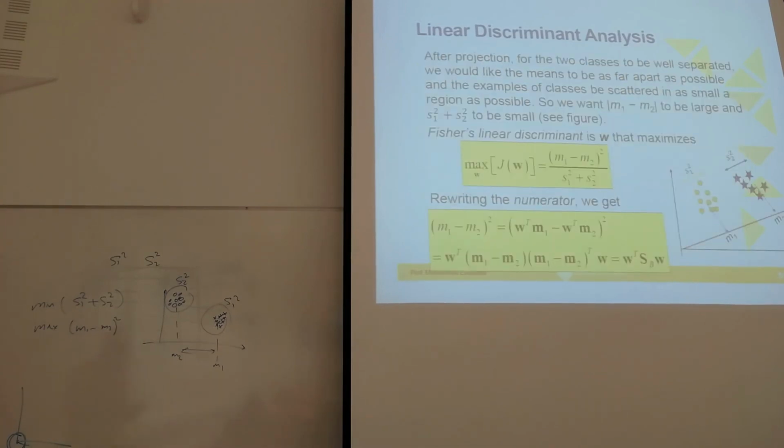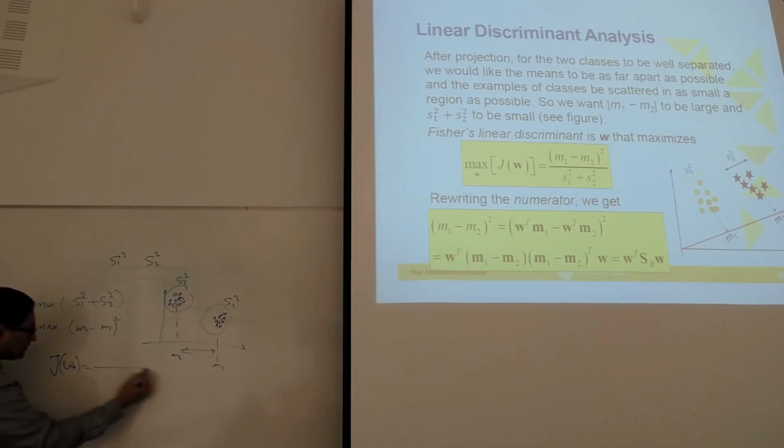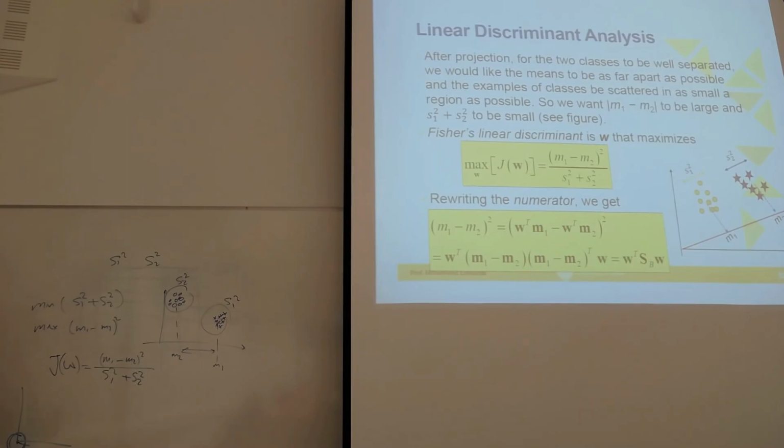So the textbook uses this well-known Fisher linear discriminant equation, which is given this way. They define the objective function, J(W), equal to (M1 minus M2) square, as shown here, divided by S1 square plus S2 square. And our objective now is to maximize this J. Maximize this one, what does it mean?